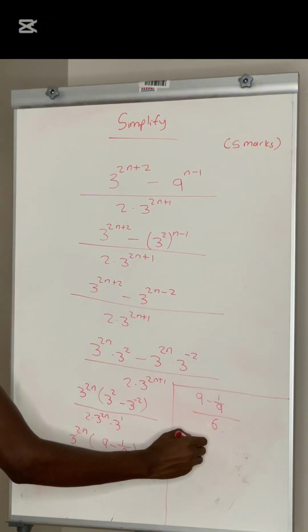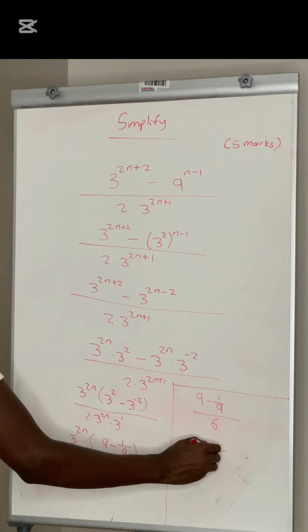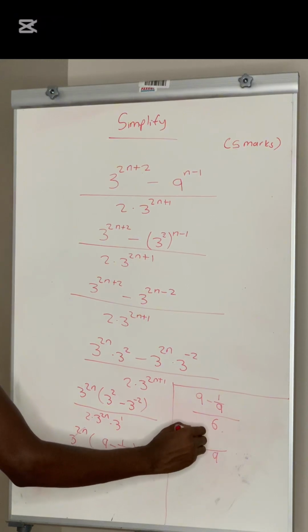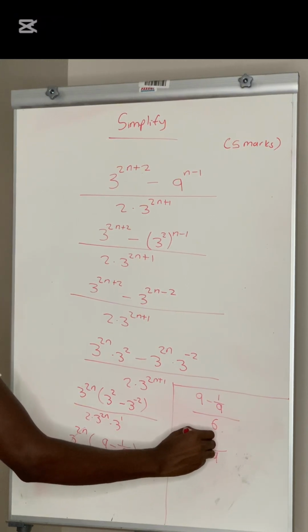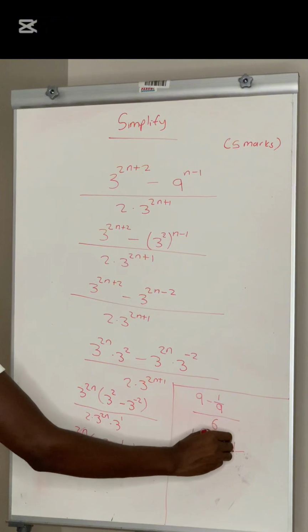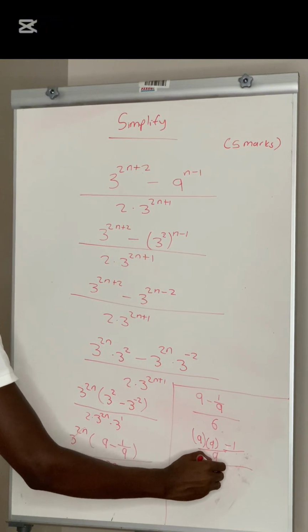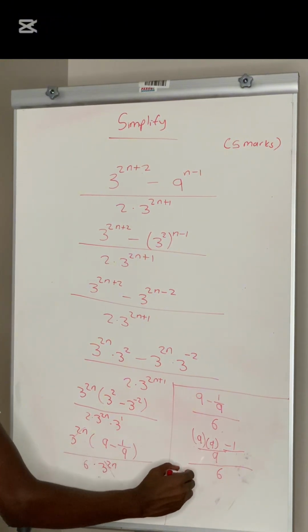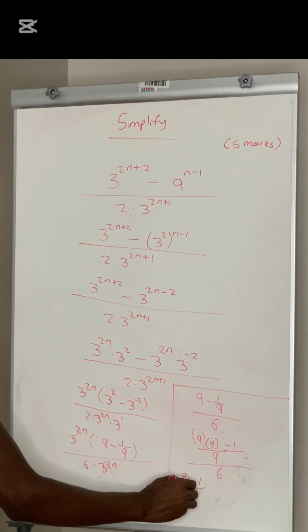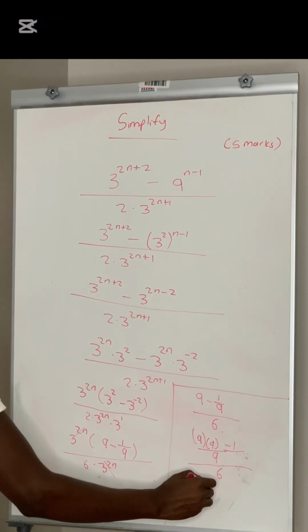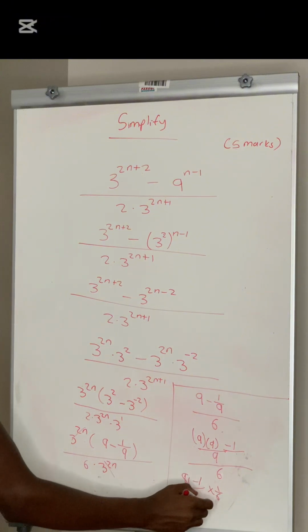Okay, and then the common denominator is 9. So 9 times 9 is 81, minus 1, over 9, times 1 over 6.